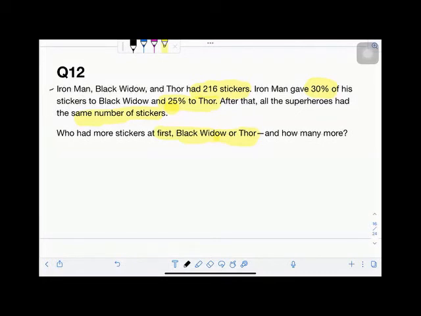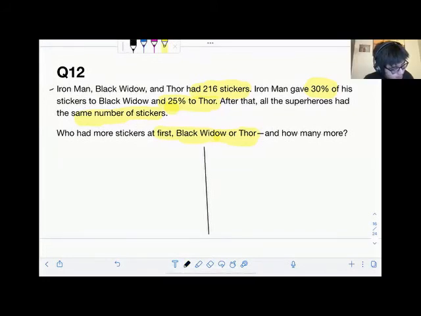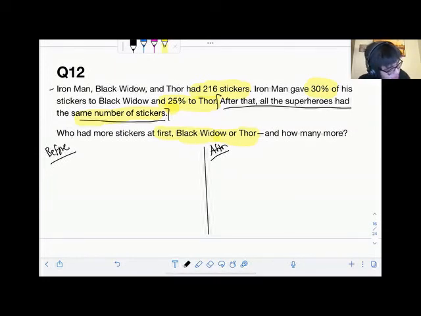Good morning, ma'am. Hello. Good morning po. Gawa po tayo ng mga models. Actually, gagawa po tayo ng dalawa, before at saka after. Ma'am, tingnan po muna natin yung sentence: all the superheroes had the same number of stickers.